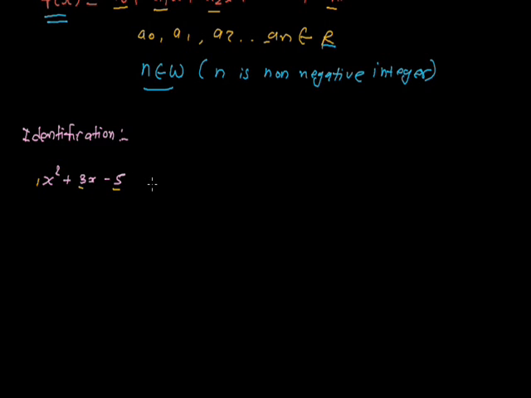These constants belong to real numbers, that is good. And the index of x here is 2, which is also a whole number, hence this expression obeys the definition of polynomial. Hence we can say that x square plus 3x minus 5 is a polynomial.